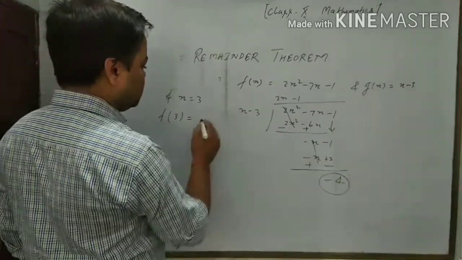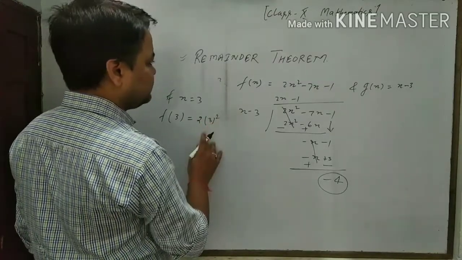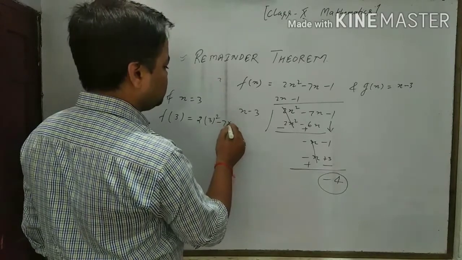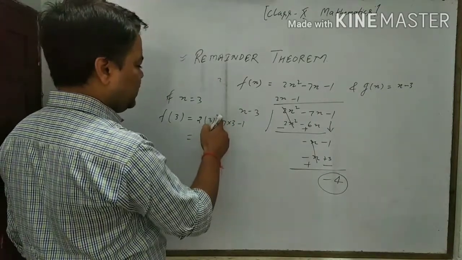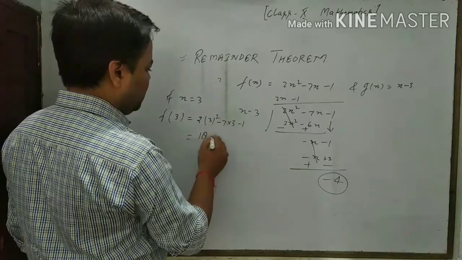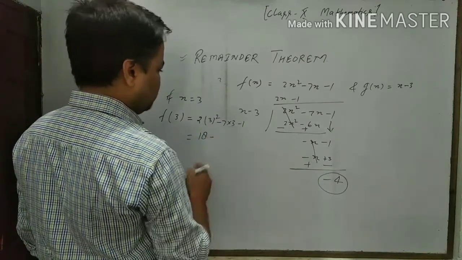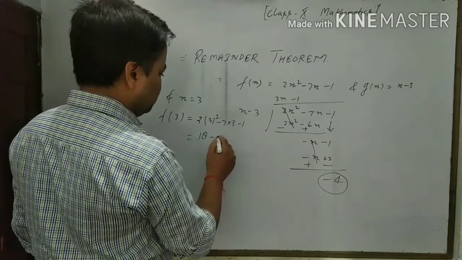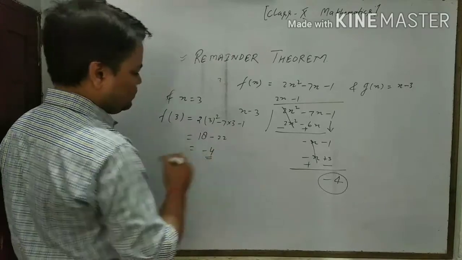What is the value? 2 into 3 whole square minus 7 into 3 minus 1. 3 square is 9, 9 times 2 is 18, and 7 times 3 is 21, plus 1 makes 22, so it will be 18 minus 22, and finally its value is minus 4.